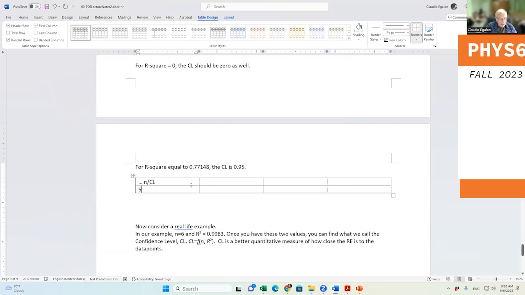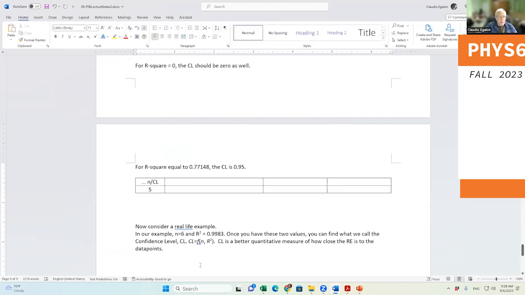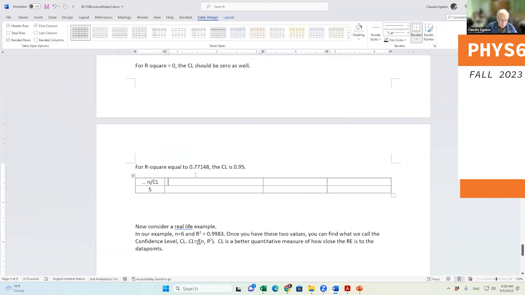Here is going to be 5. I'm going to write down exactly what my table doesn't tell you. For R squared equal to 0, the CL corresponds to 0.